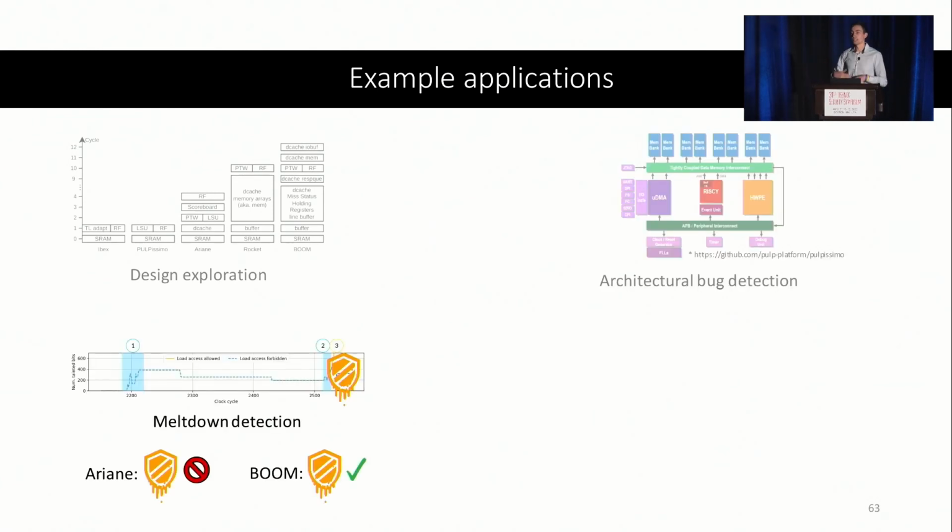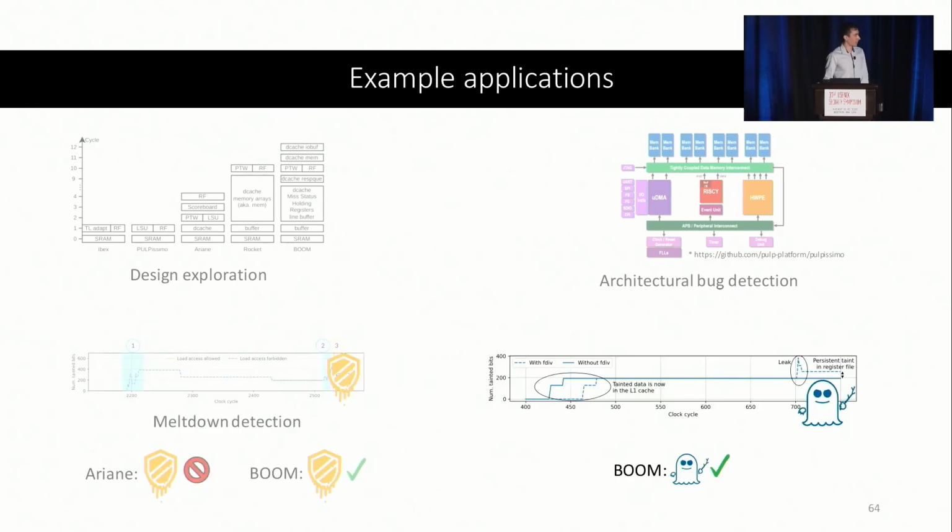Third, we did Meltdown experiments, found negative results for Ariane in some scenarios, and in some scenarios we could confirm positive results and increase the state of the art in terms of exploitability on the Boom processor by showing that some scenarios are not exploitable. And finally, we did some Spectre experiments with positive and negative results on Boom, and we could quantitatively evaluate the speculation window of Spectre on Boom.